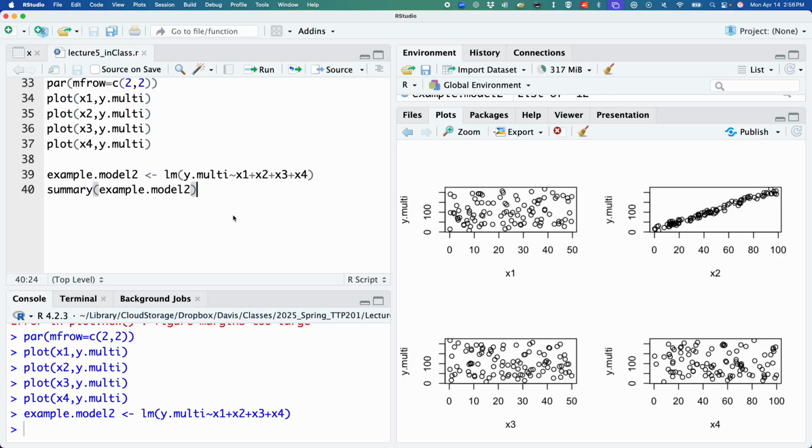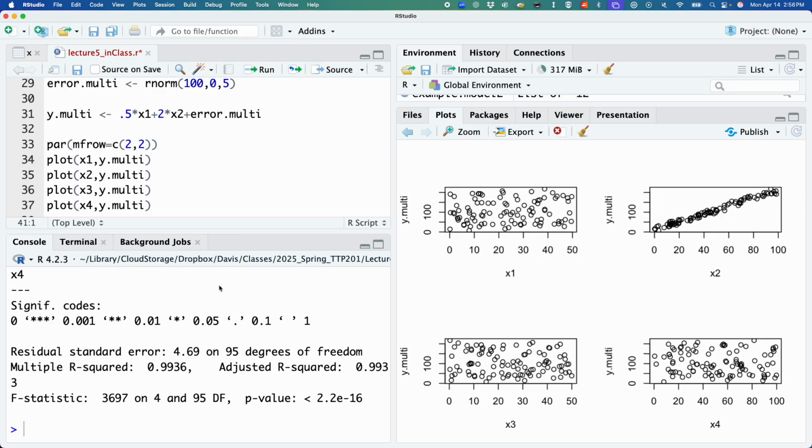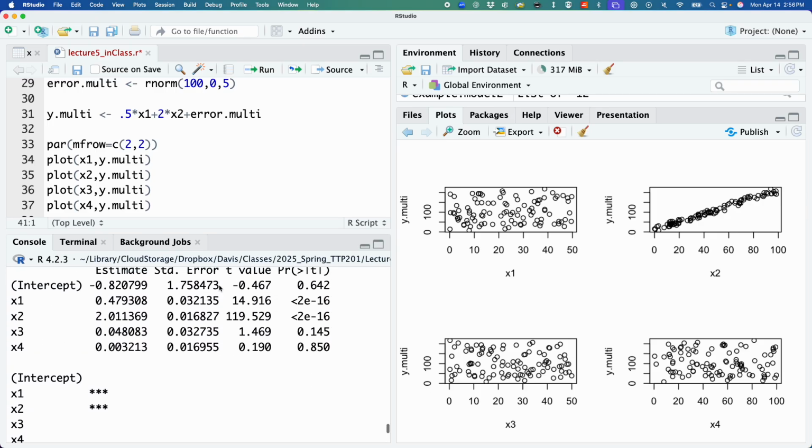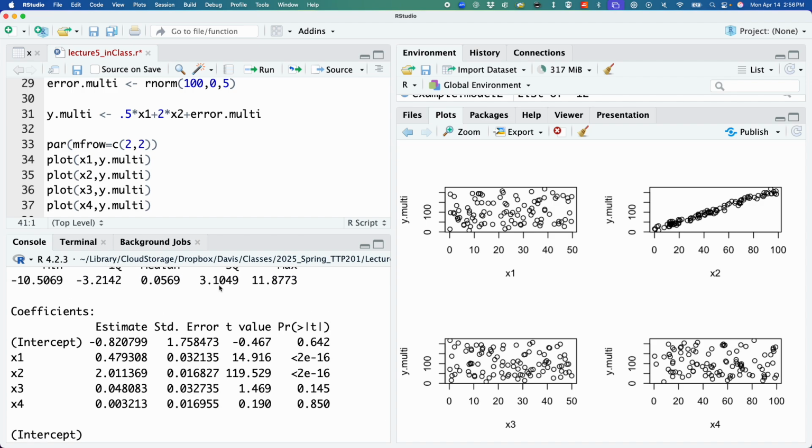Okay, so let me run the summary of this, and let's take a look. As far as the relationship between x1, x2, x3, x4, and y, we know the true values, right?